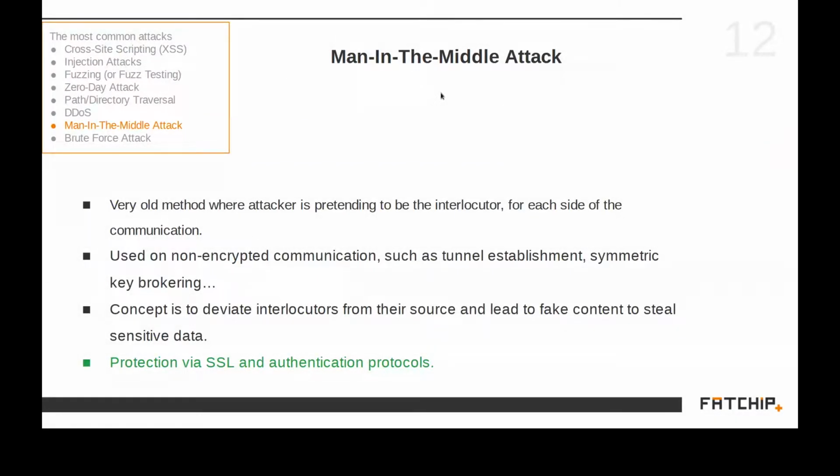The next one, man in the middle, is a very old method. As the name says, it's about putting the attacker in the communication between two people or two entities, so to say, and pretending to be each other's interlocutor for both of them. It's been used for decades already, I think, since electronic information existed.